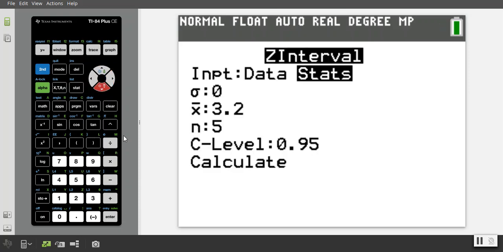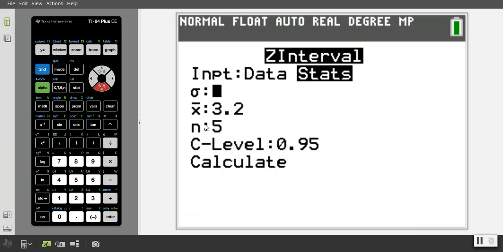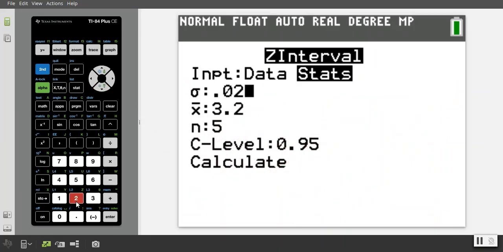So the standard deviation. Let's see. Okay, so what did we get for the standard deviation? We got 0.0255. So we'll do 0.0255.